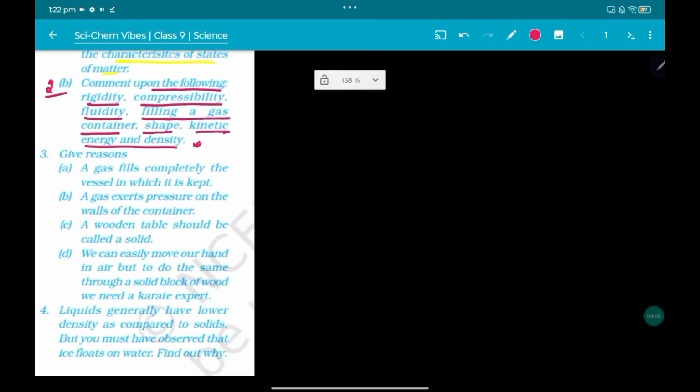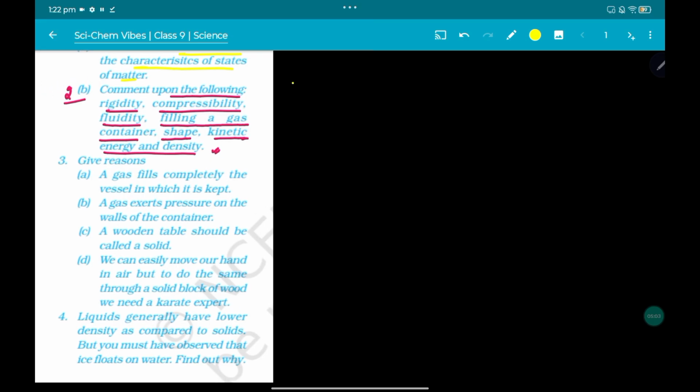First one is rigidity. Rigidity is a property of solids. It means the ability to maintain shape.